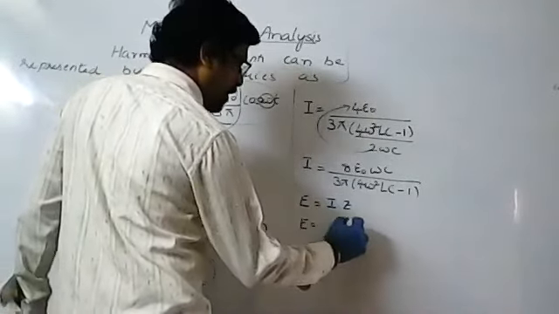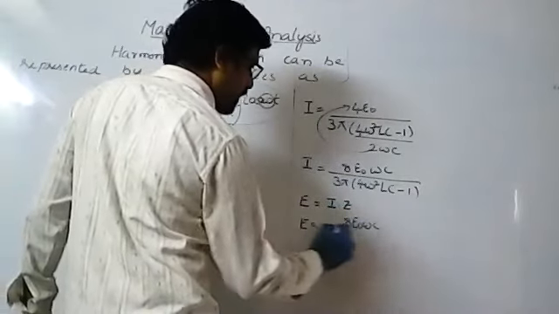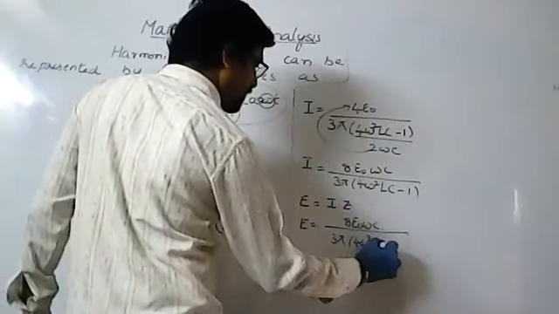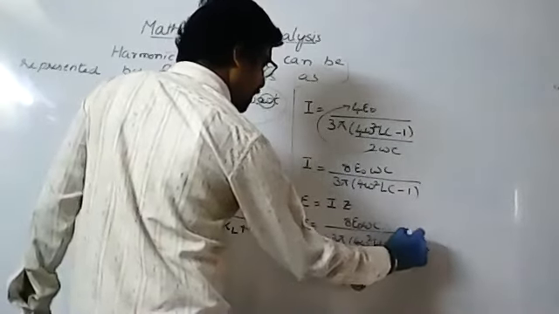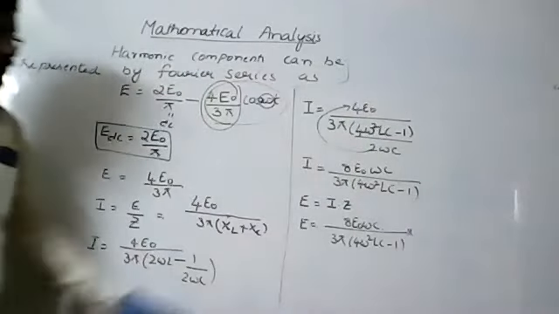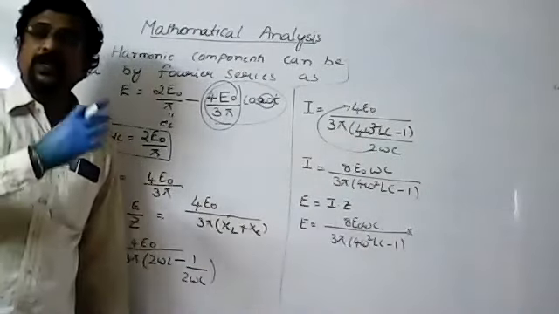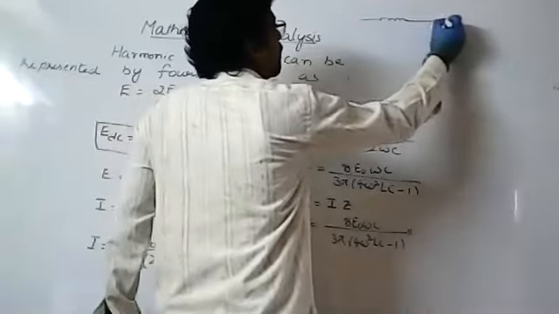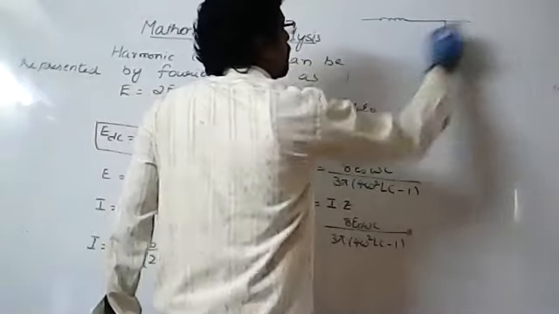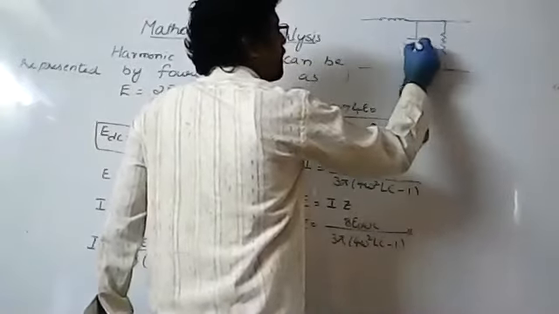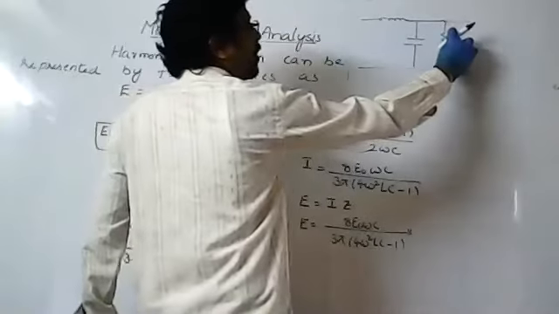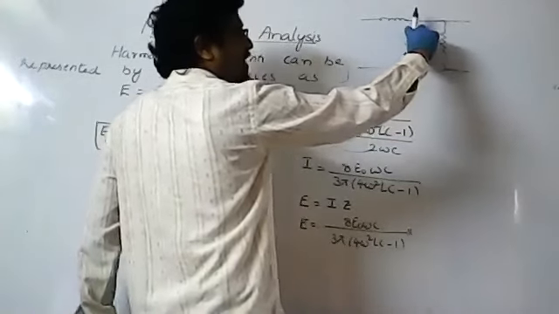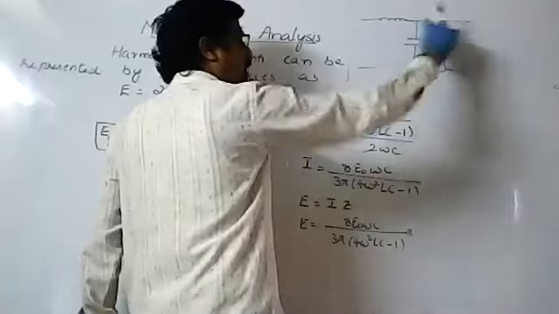What is I? 8 E naught omega C divided by 3 pi into 4 omega square LC minus 1, into this Z. What is Z? Where you are measuring the output. Here you are measuring the output across R. Whatever voltage exists across capacitor C will appear here.